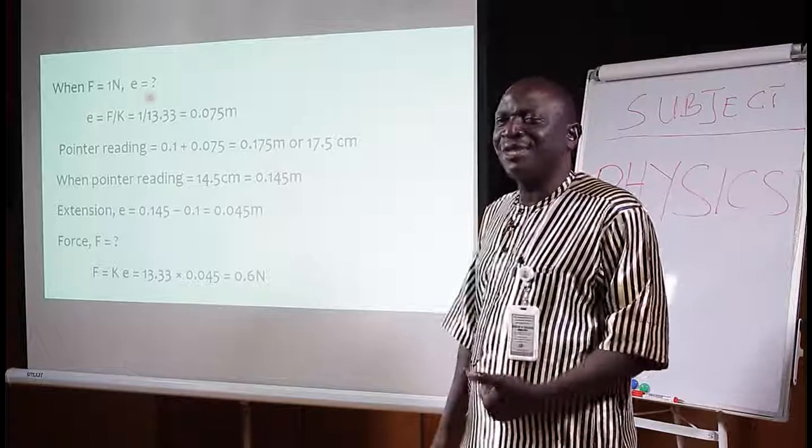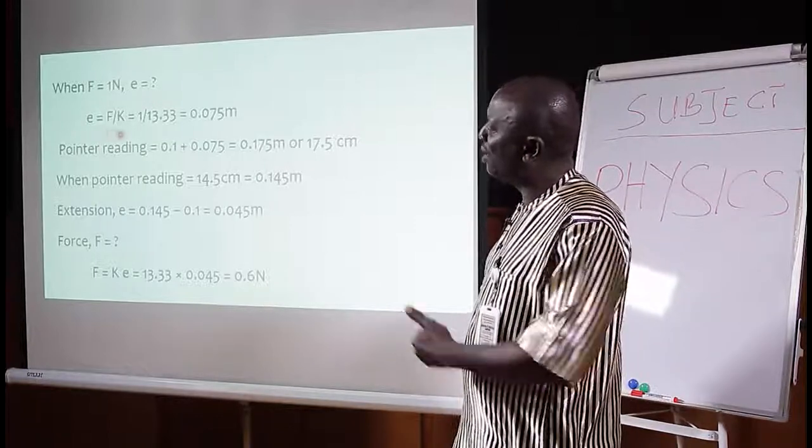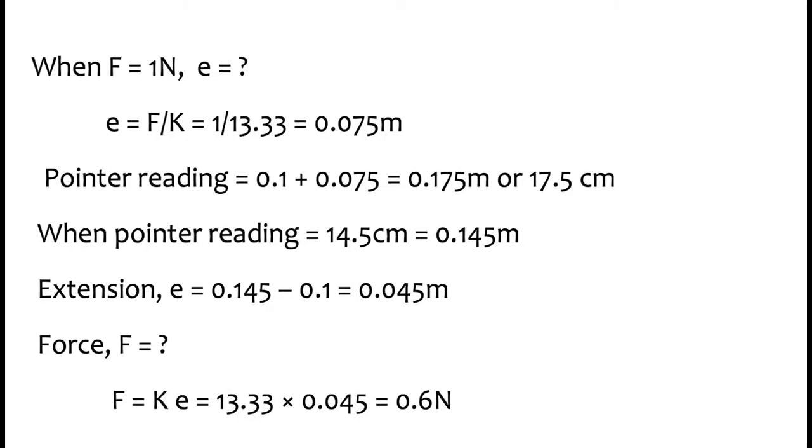If we make extension the subject of the formula, we will have E equal to F over K. Substituting in our values, we will have 1 divided by 13.33, and that gives us 0.075 meter.